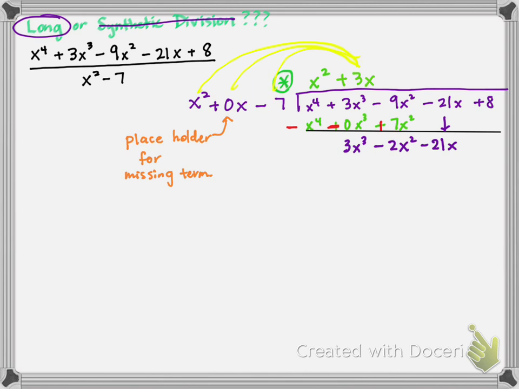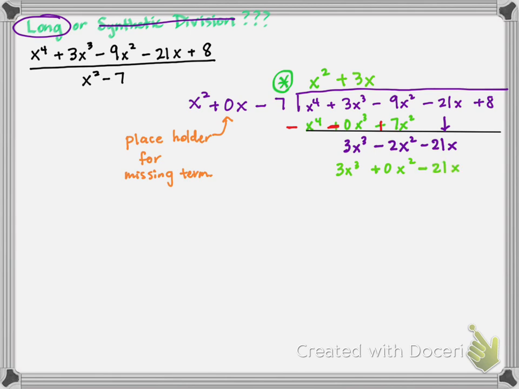When you do that, you get 3x cubed plus 0x squared, because 3 times 0 is 0, and then you get minus 21x.